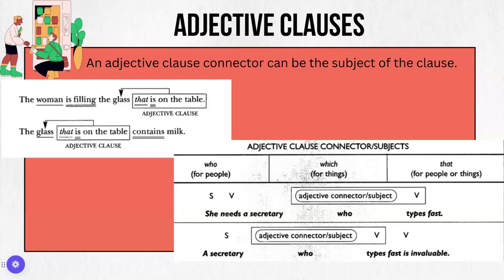And this connector can also function as a subject of the clause, like this one. The woman is filling the glass that is on the table. Yes, the adjective connector functions as the subject of the clause. The glass that is on the table contains milk.